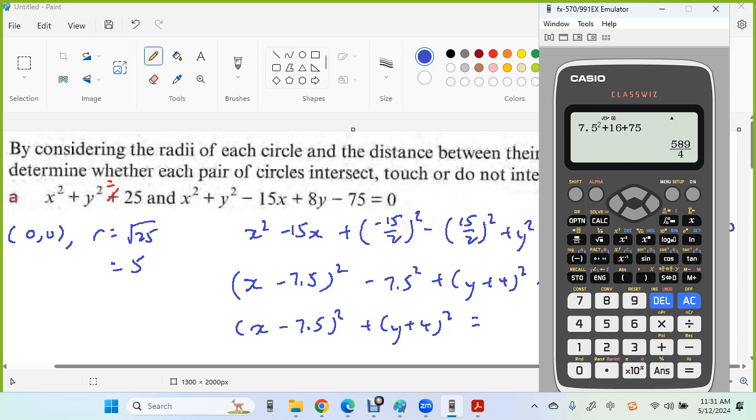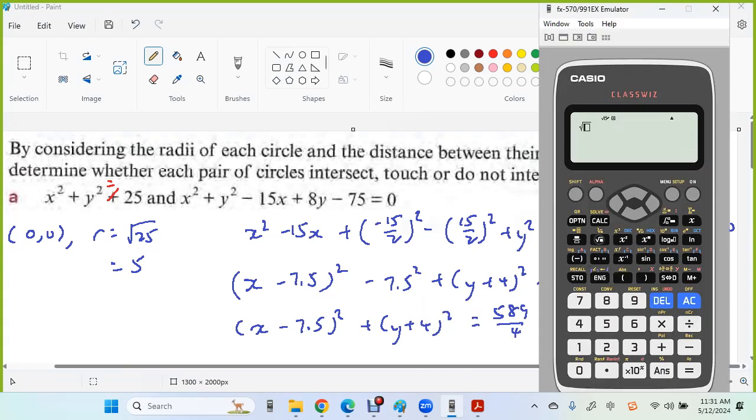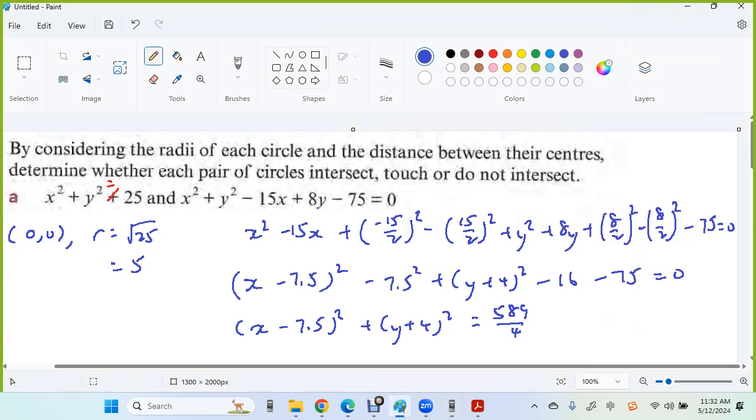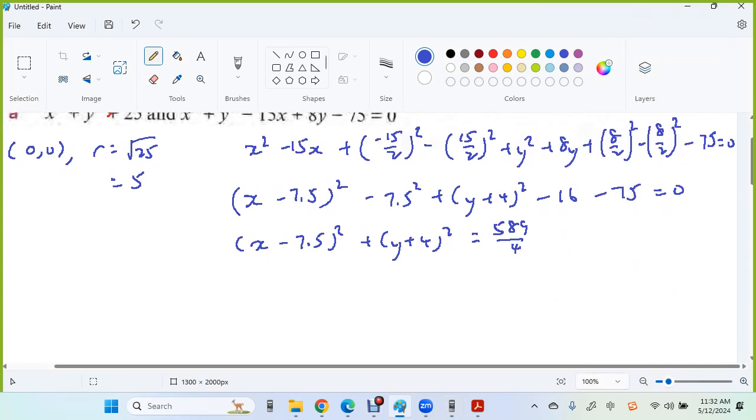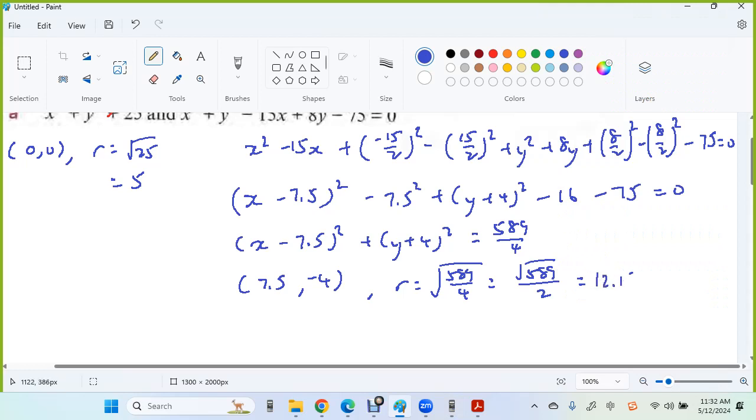So 589 over 4. When we square root this, we have 12 point something, 12.12. So the center of this is (7.5, negative 4), and the radius is the square root of 589 over 4, that is the square root of 589 over 2, which is 12.13.